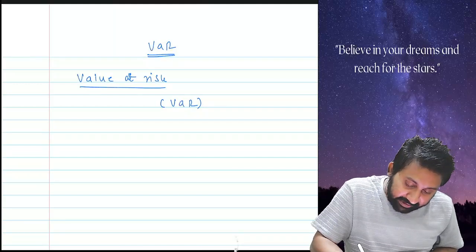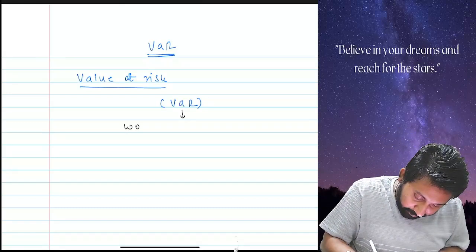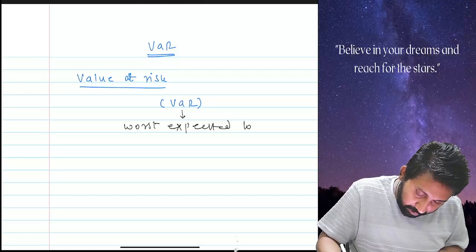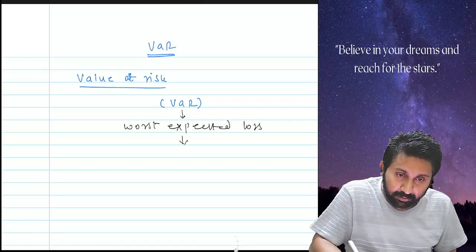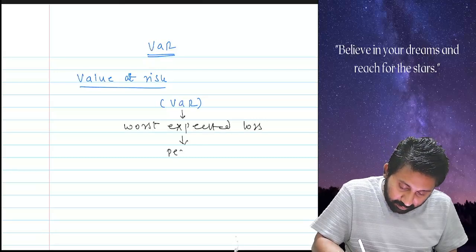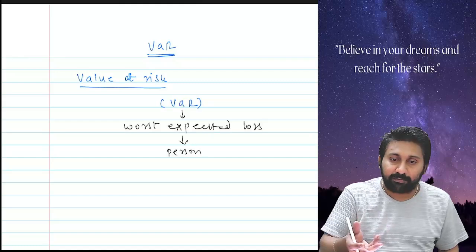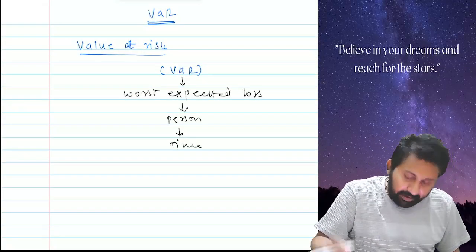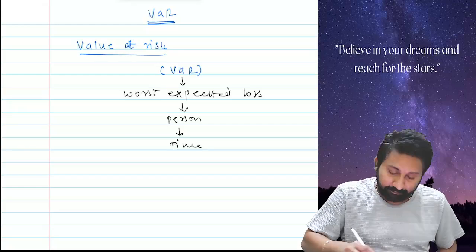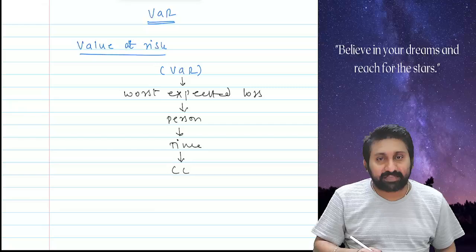VAR always gives you the worst expected loss for a person, an investor, for a particular period of time at a particular confidence level.